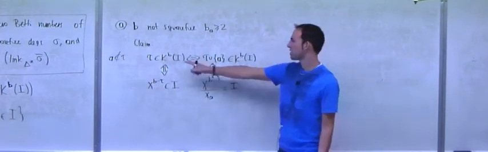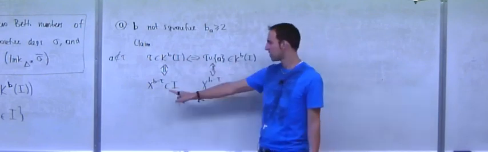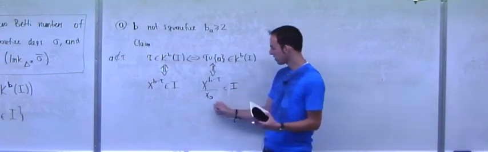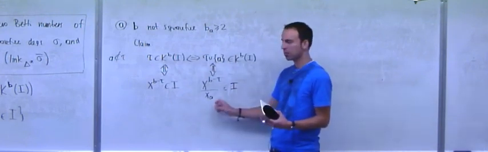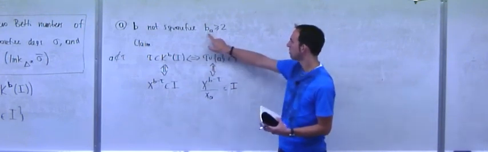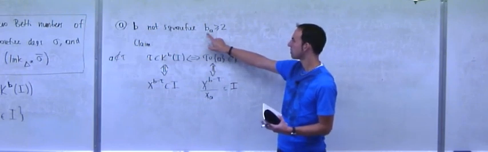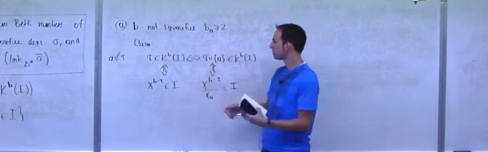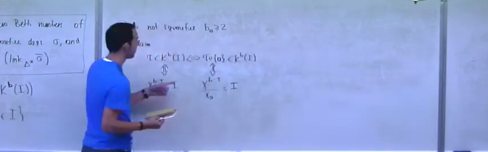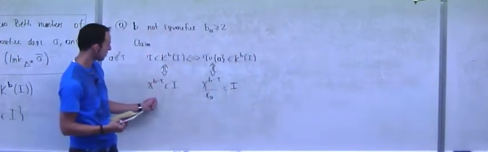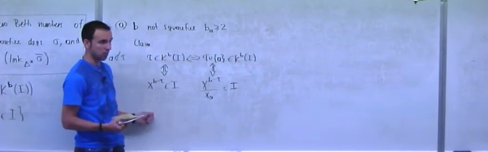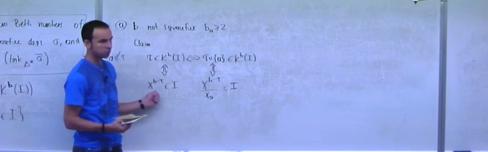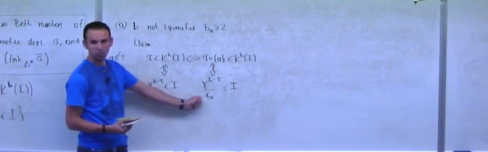So if I want to show that these two things are equivalent, I should justify it. But if you look at the exponent of x sub a here, well, b has an exponent at least 2. So that means that when we look at the power of x sub a, here it's at least 2. And when we divide by x sub a, it's at least 1.